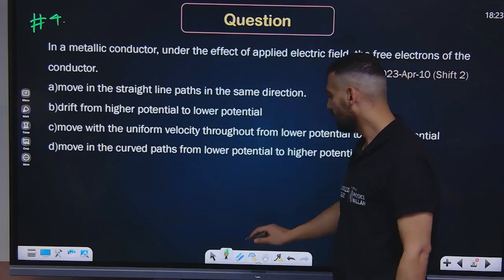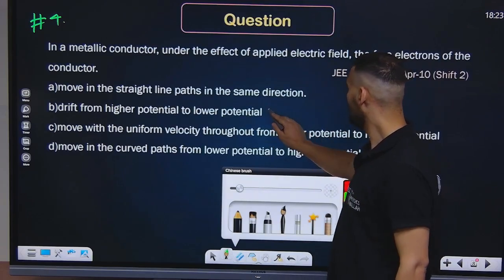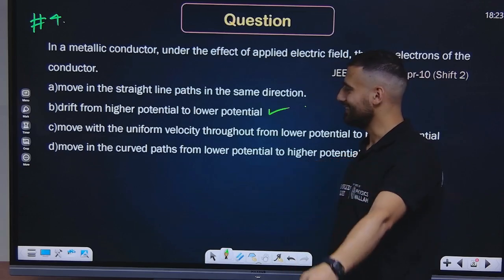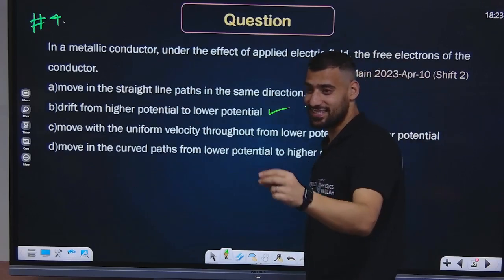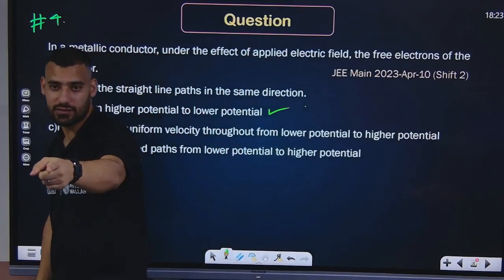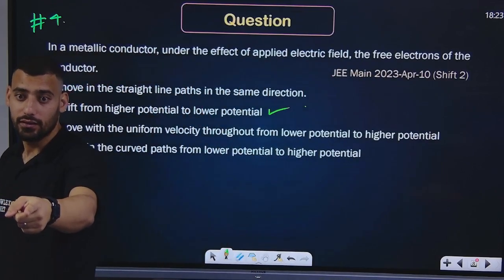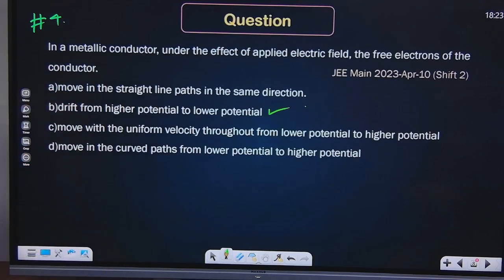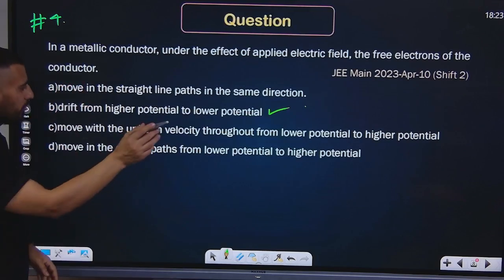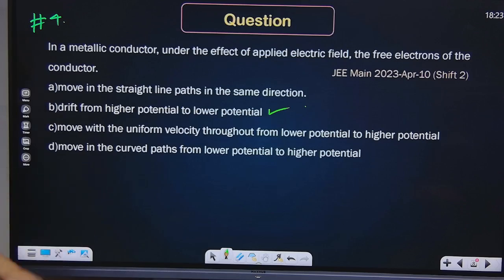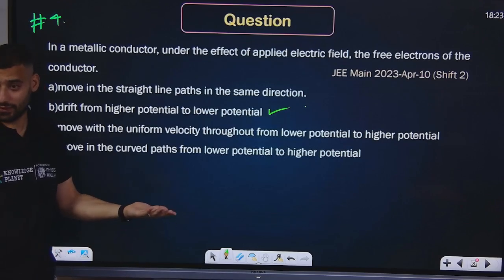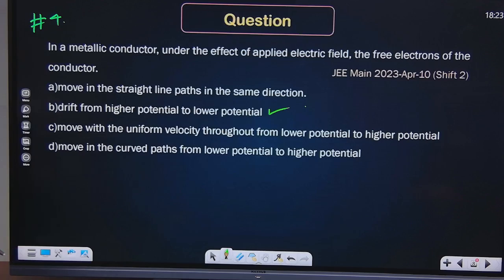Is it B? How many of you say B? You are already with B? What about you? Why? Come on, then you don't know current.